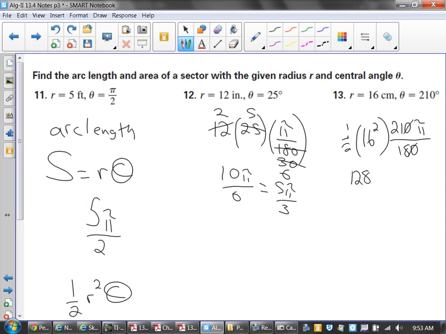I can also divide 18 and 21 by 3, so I have a 6 and a 7. So it's 128 times 7 over 6 with a pi. I divide them by 2, and that'd be over a 3. 64 times 7 is 448 pi divided by 3.